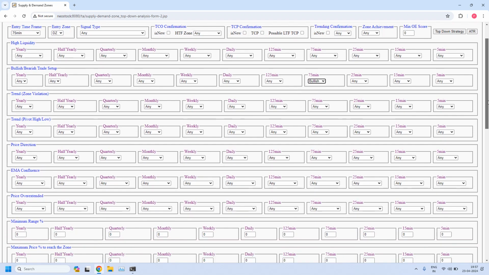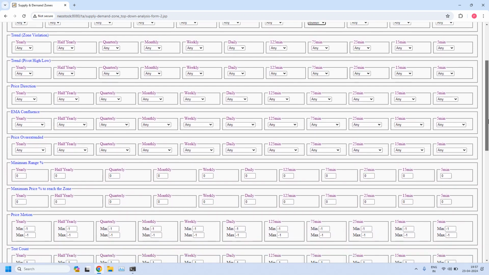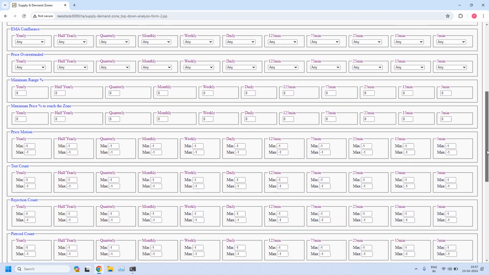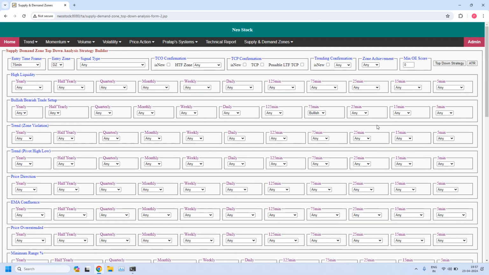And the three filters, first one, we don't want 75 minutes pierced demand zones. So that's why pierced count in 75 minutes time frame, you need to set minimum value 0, maximum value 0. And zone achievement should be violated opposing zone, VOZ. And minimum odd enhancer score should be 12.